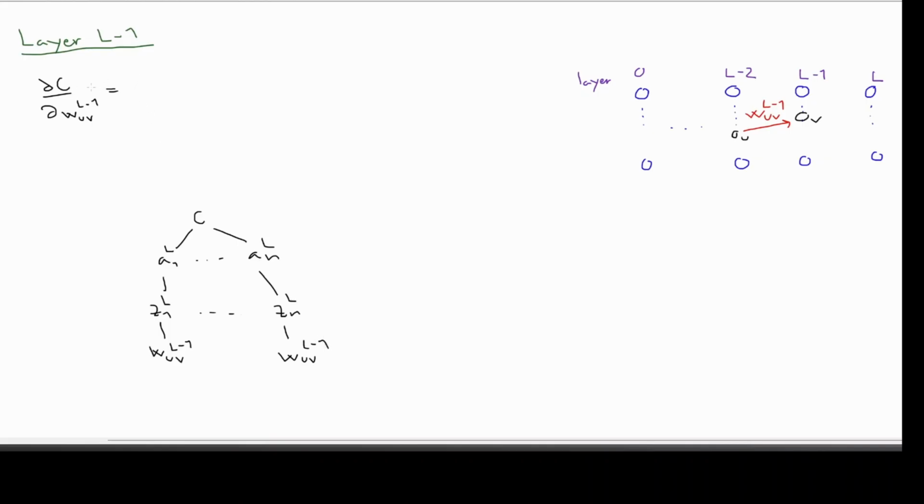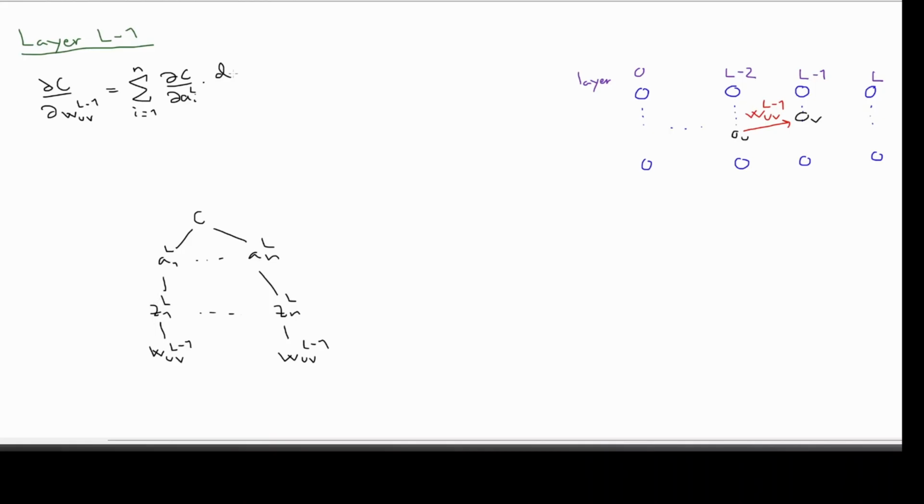And then applying the chain rule, we get that the partial derivative of C with respect to this weight is the sum from i goes from 1 to n of the partial derivative of C with respect to the activation at some arbitrary neuron in the output layer, times the derivative. And remember, this was not a partial derivative, as the activation is a single variable function of the weighted input.